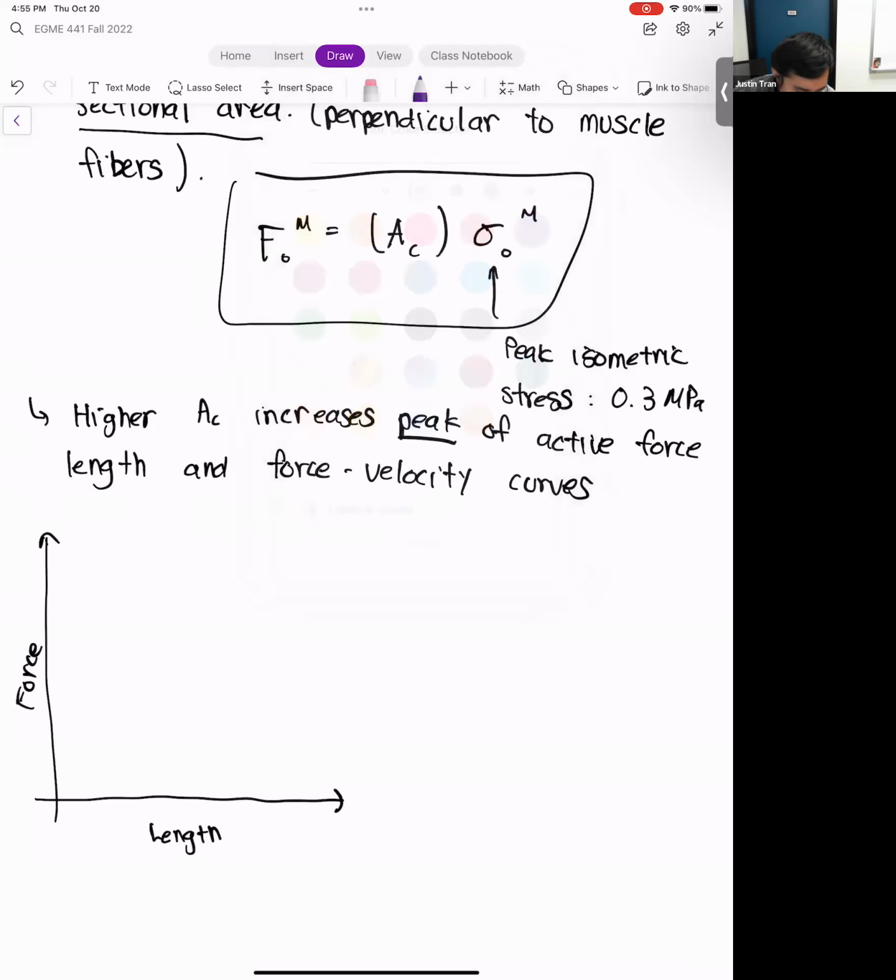There might be situations where you have a short muscle that's not very long, but it's very, very thick. And so its force length curve might look something like this. Okay. We have a relatively narrow plateau region, but it's really high because it's thick and has a large cross-sectional area. So this is a short, thick muscle.